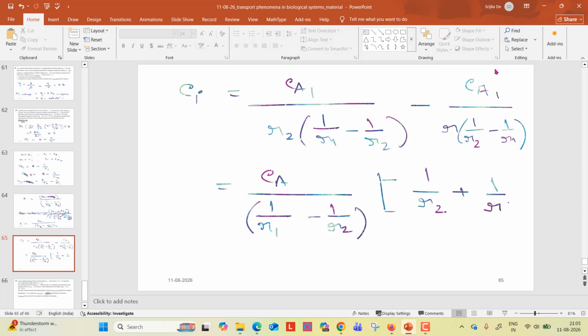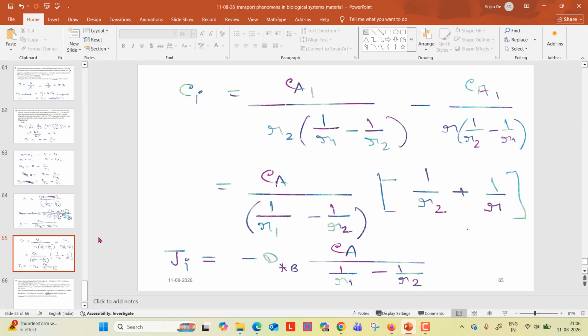Now the flux JA will be minus DAB dCA/dr, right? So dCA/dr will be CA by 1 minus R1 minus 1 by R2 into the derivative of this.